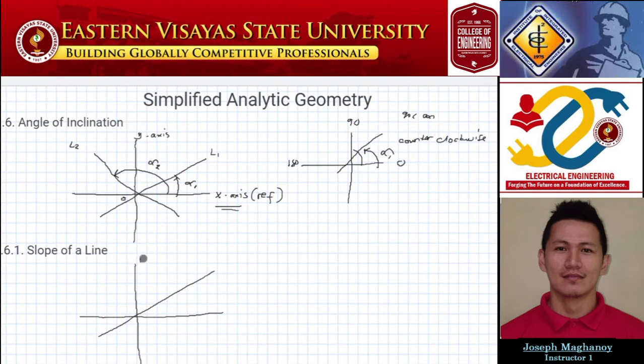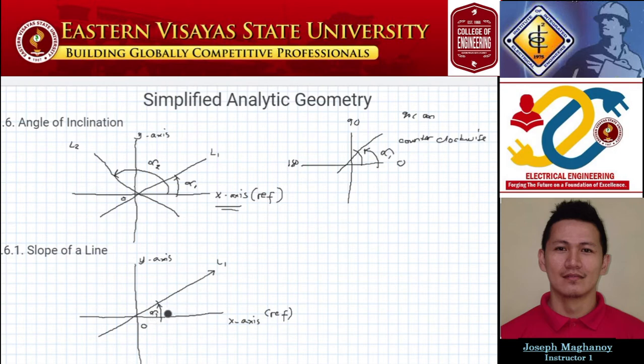This is our y-axis, and this is your x-axis, your reference 0, and this is your line 1. So the slope of a line is related to the angle between your x-axis as your reference line and the line, which we call theta 1, short for line 1.